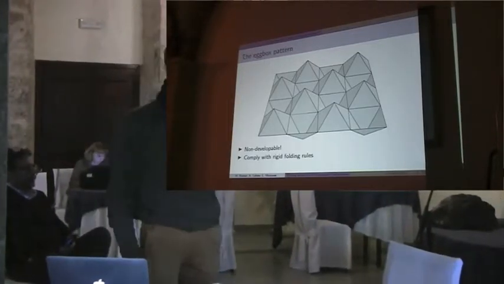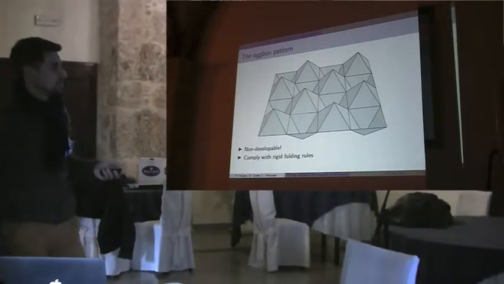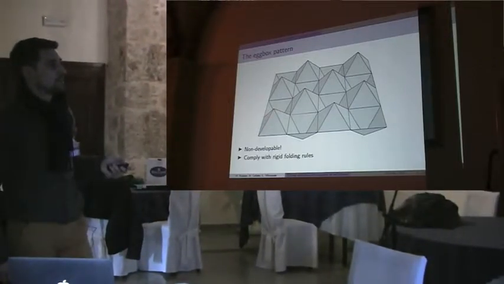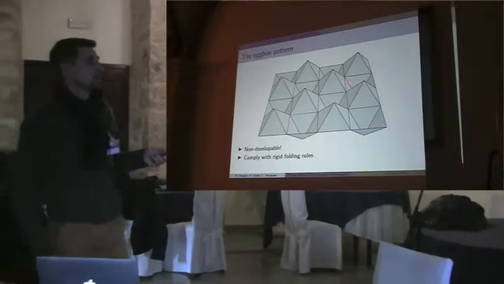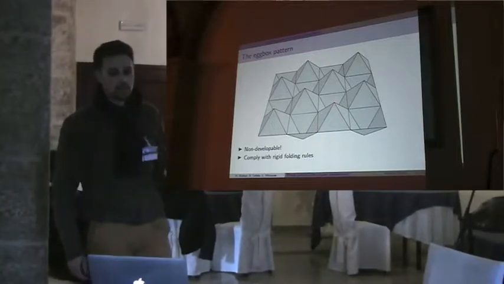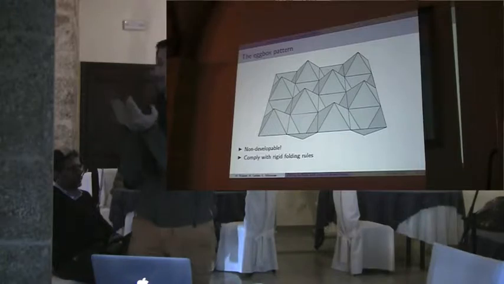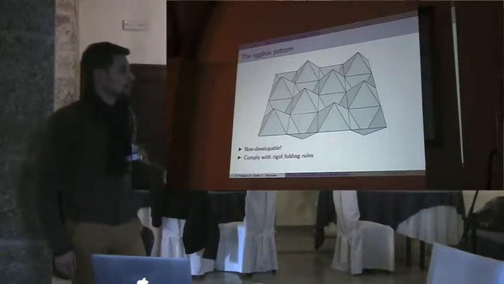So what is the eggbox pattern? Actually, it's not an origami. It is not developable. It's a collection of pyramids with alternating tips. Okay, and on this drawing, all edges, black edges, are considered as hinges. They are joints. Okay, so these parallelograms are not expected to remain flat.